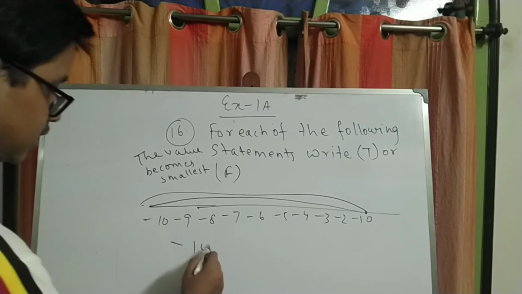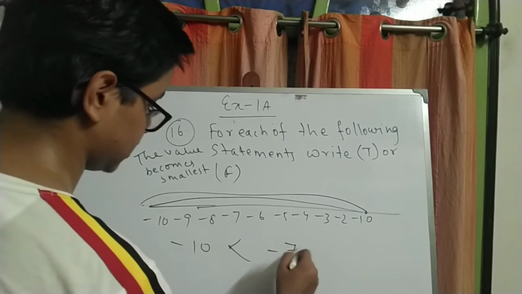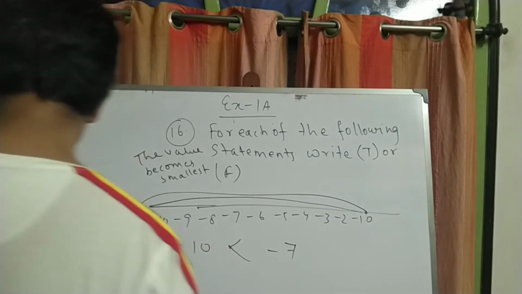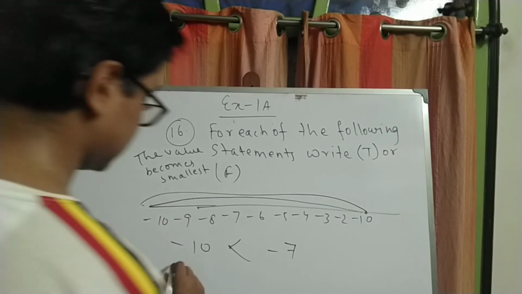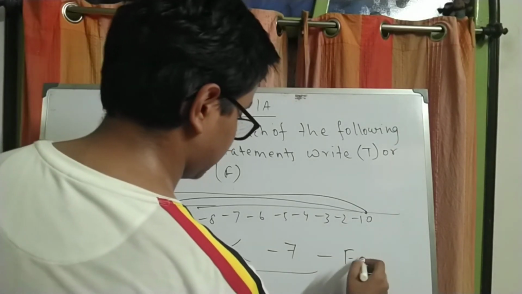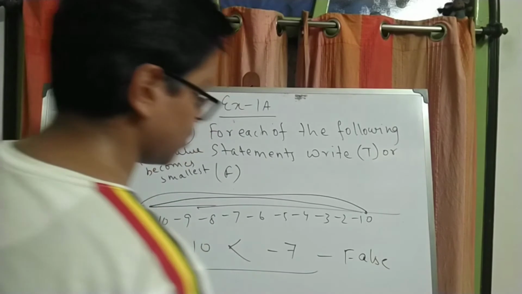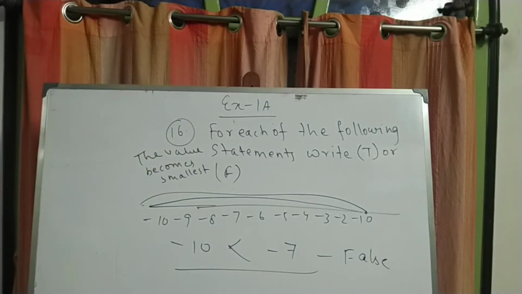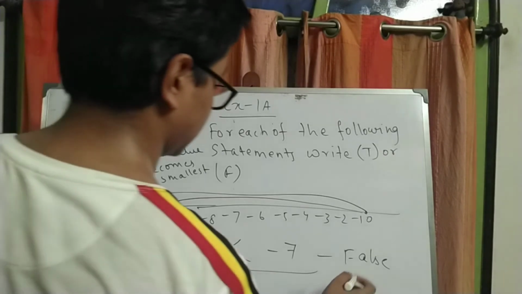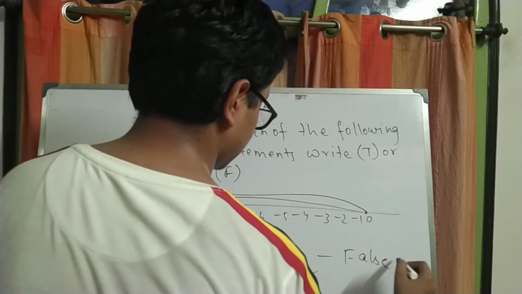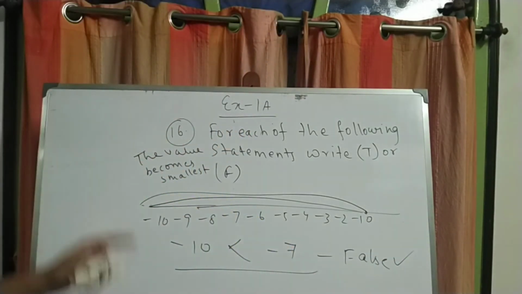So minus 10 is less than minus 7. And what was the question? That minus 10 is greater than minus 7. So that statement is false. This is an example.